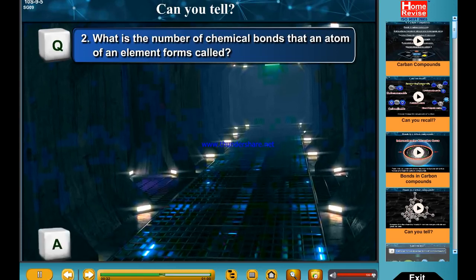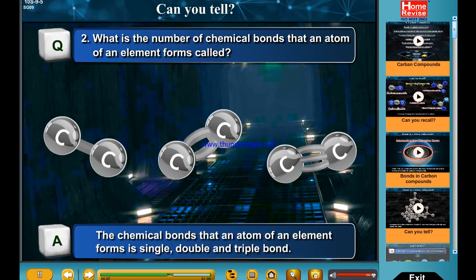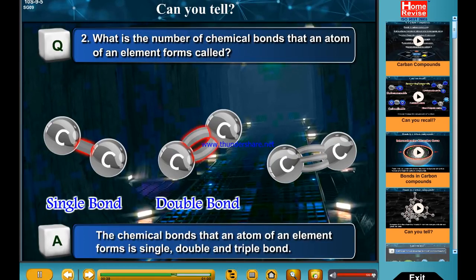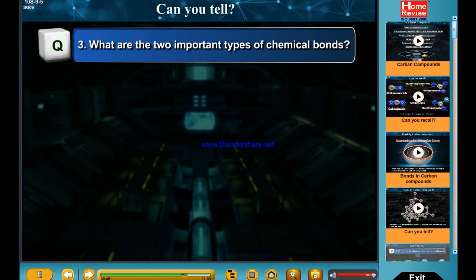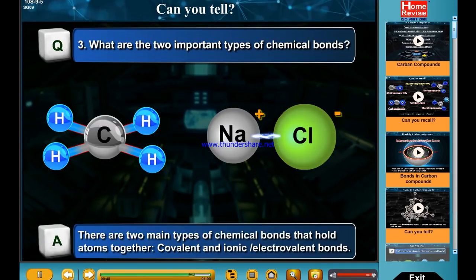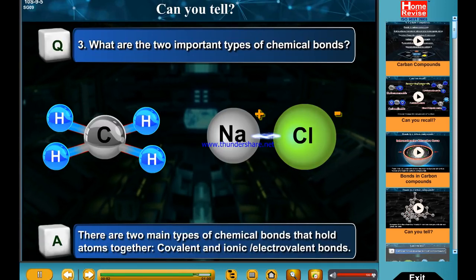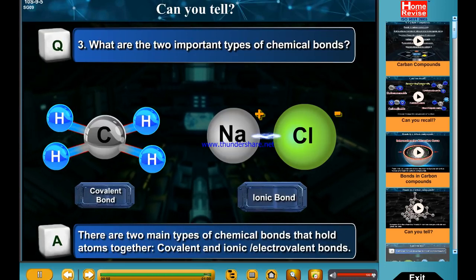Answer. The chemical bonds that an atom of an element forms are single, double, and triple bonds. 3. What are the two important types of chemical bonds? Answer. There are two main types of chemical bonds that hold atoms together: covalent and ionic or electrovalent bonds.